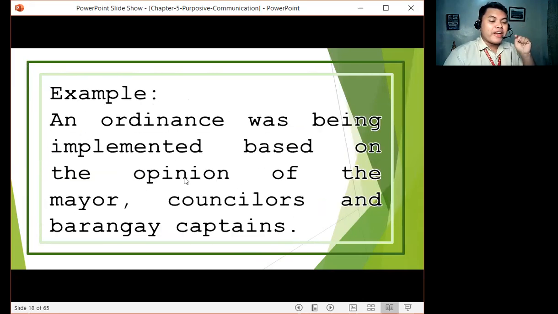And if we go back to the example given, the ordinance was being implemented just based on the mayor, councilor, and barangay captains. So there are only three sectors that were considered in the implementation of an ordinance. That is an incorrect sampling. Okay?